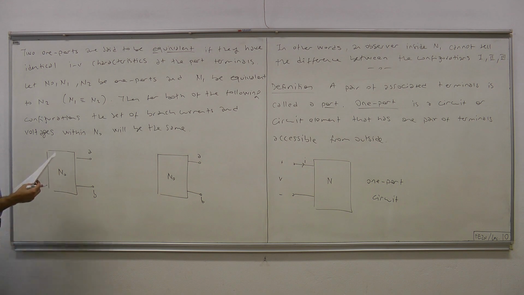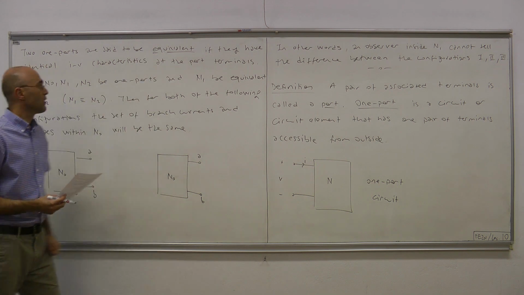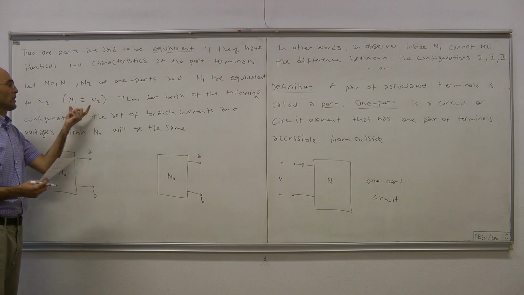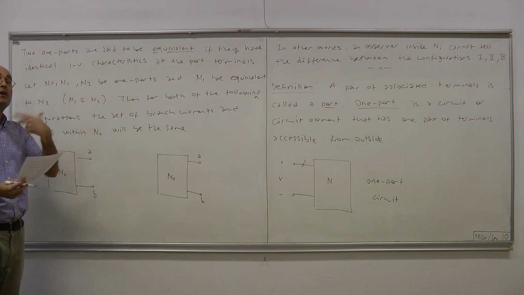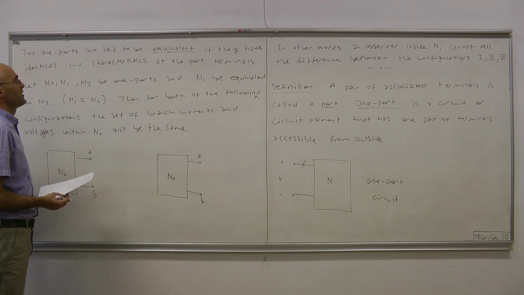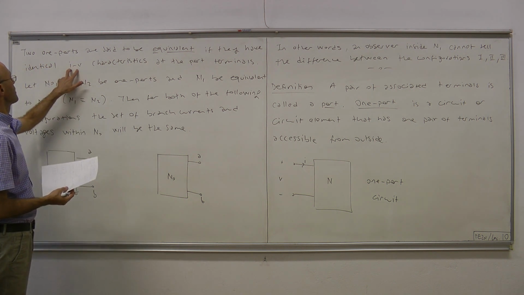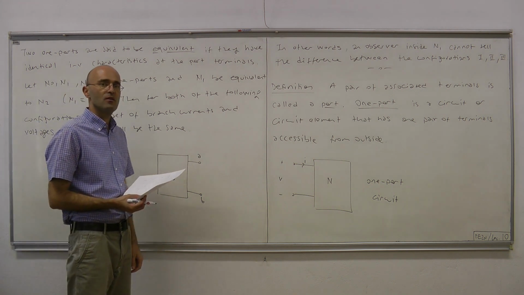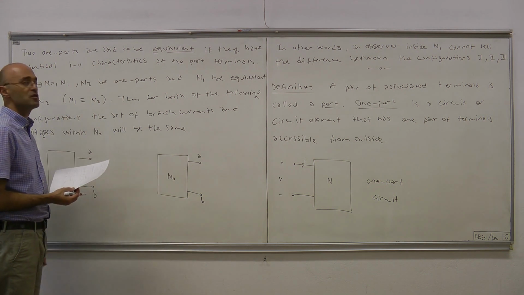And if we have a pair of one ports, we're calling them N1 and N2. They could be very different inside, but at the port terminals, they display identical current voltage characteristics. Okay, so therefore, according to our definition, they are equivalent.